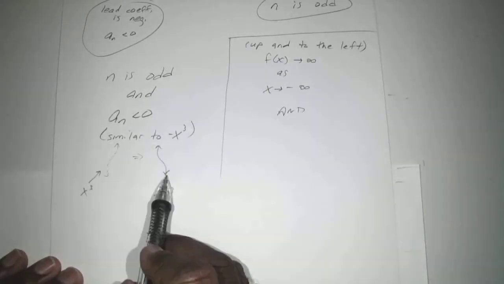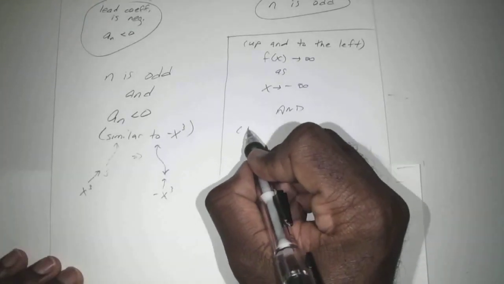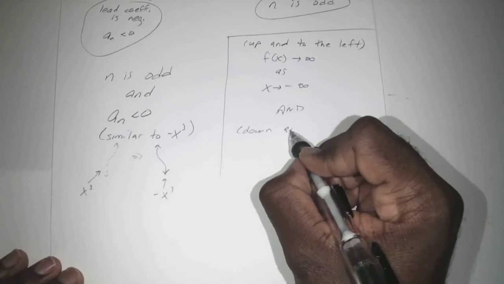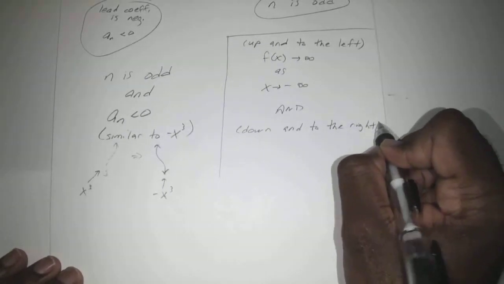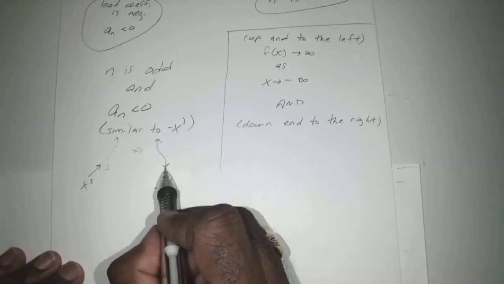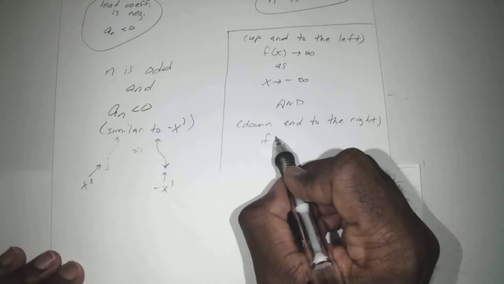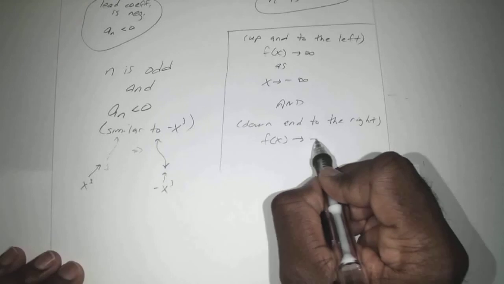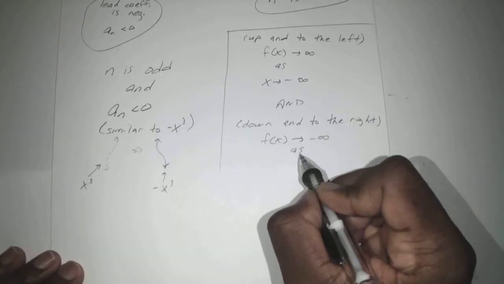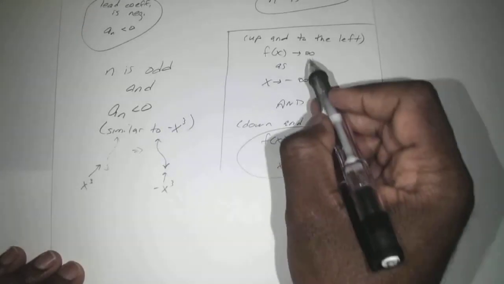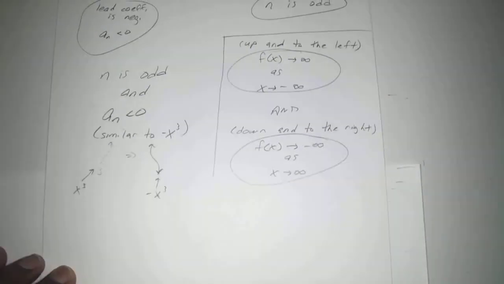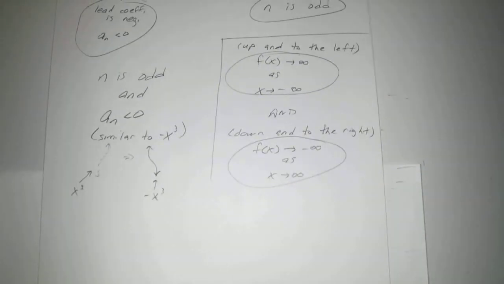And we also know it's going down and to the right. So that means f of x is approaching negative infinity as x is approaching infinity. Okay, so those two would be your end behaviors.